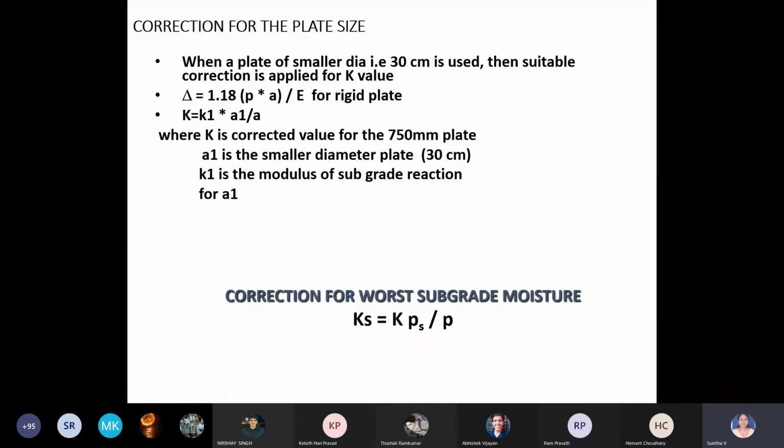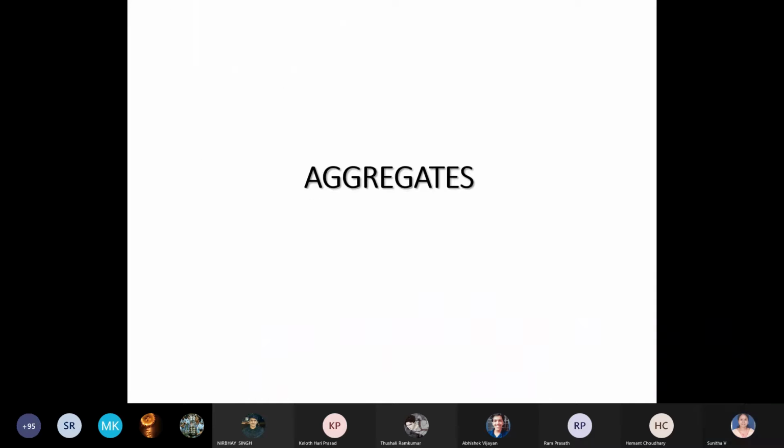As per the standard, you are supposed to use a 75 centimeter plate diameter for testing. If you have a smaller diameter plate, like 30 centimeter, it can be used in the field, but it should be corrected for the diameter.